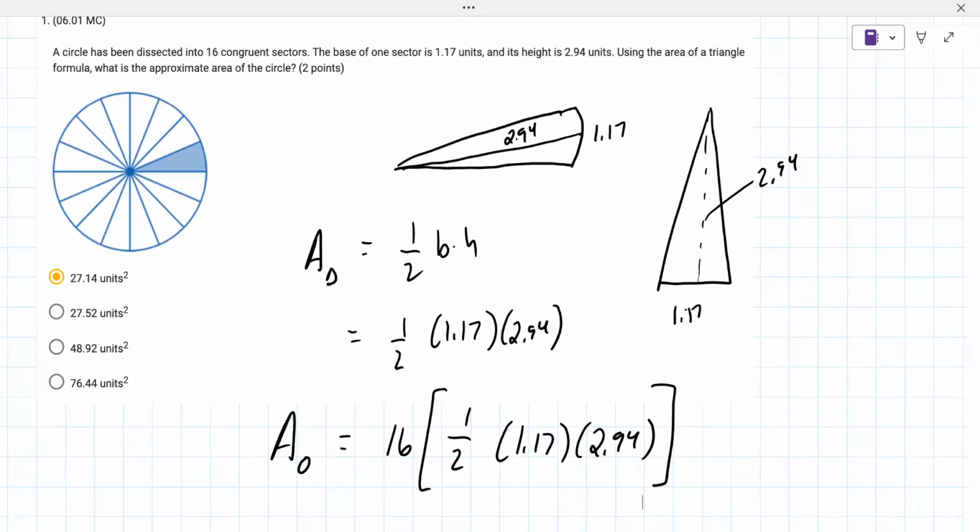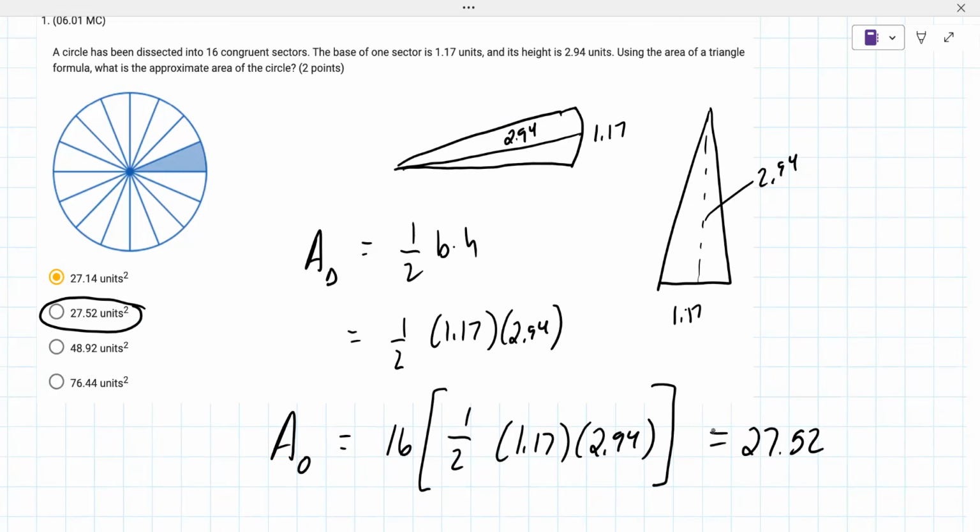Okay, so I'm going to do this calculation here. Maybe we get lucky and it's one of the answers. Yeah, I get 27.52, which is the second one here. Did you actually get 27.14 or was that just clicking on it?